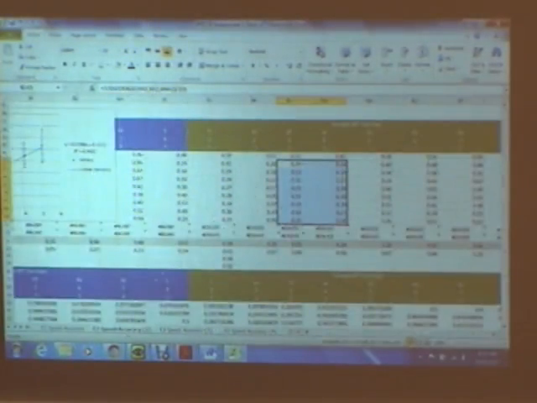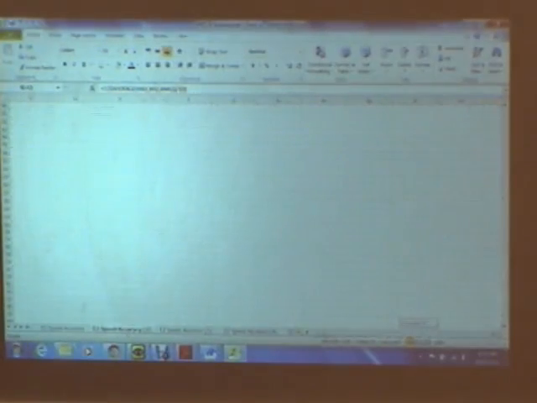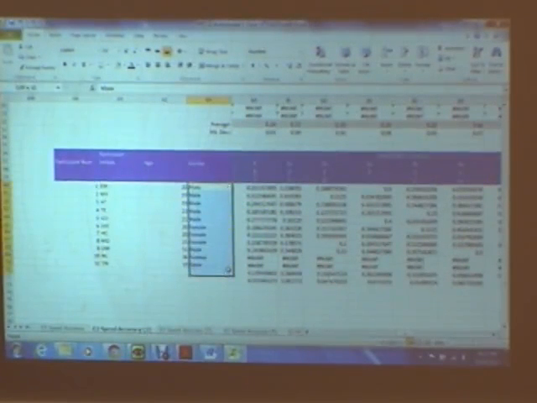But if we go back to my data previously, if I go all the way, here. Note that it's not in order of gender. So in order to be able to do this in Excel, you really need to have it in order, or you have to select the boxes individually.